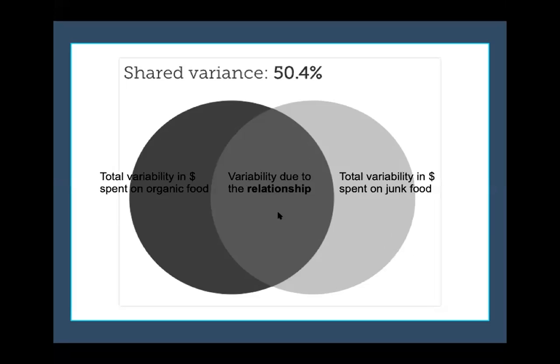And our correlation of 0.7 means that 50% of the variability in these two things is due to the relationship with each other. So this is kind of a neat way to think about what correlation and the coefficient of determination mean conceptually.